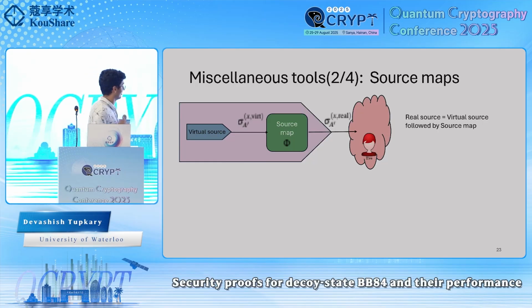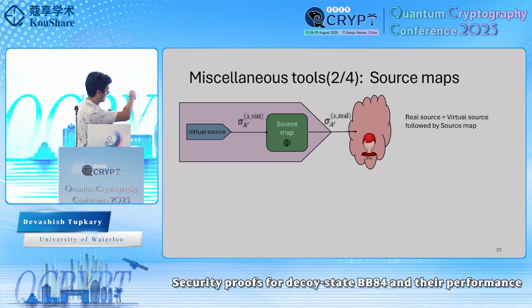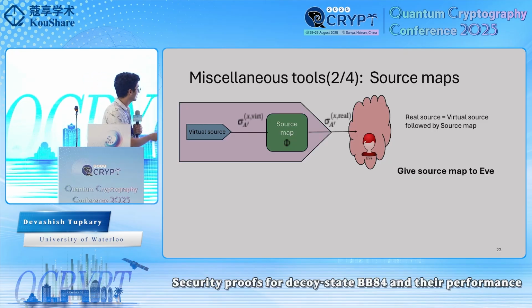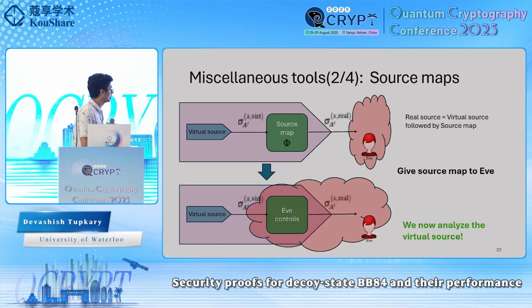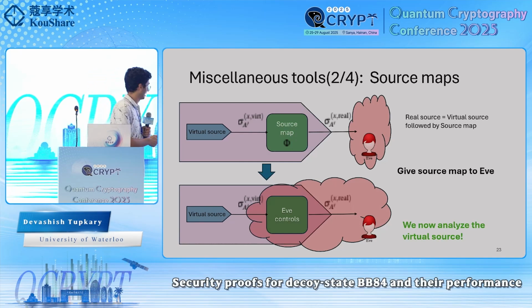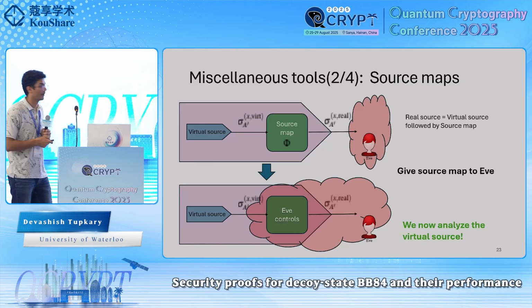Okay, if you can construct this virtual source and a source map that obeys this relationship, then you can invite Eve into Alice's lab for a bit and basically give Eve control over the source map. If you do this, you are left with analyzing the virtual source, and the virtual source might be hopefully nicer to work with than the real source.